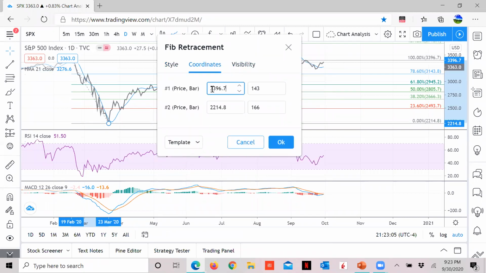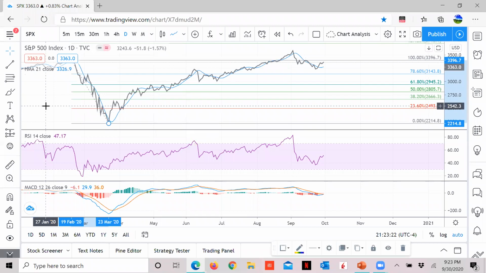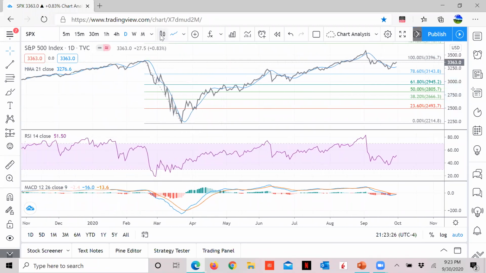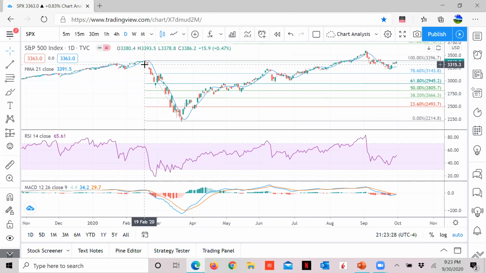Basically, this coordinate is this high point of 3396.7. Because I was eyeballing it, if you want to be exactly precise, what you can do is move on the right side, come on the candle, and see what that highest point is.